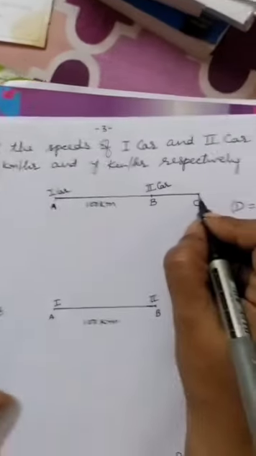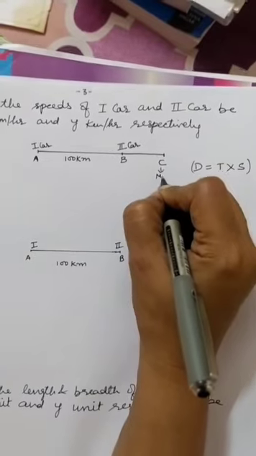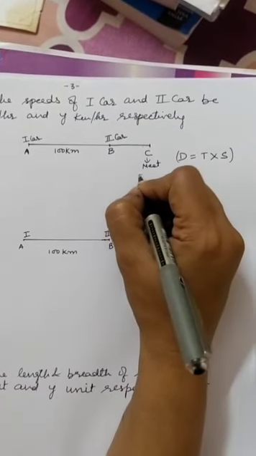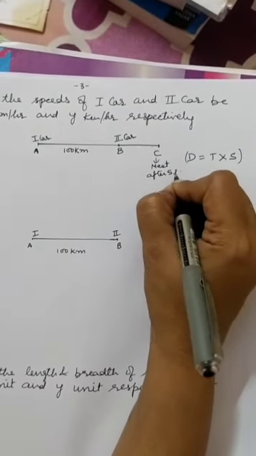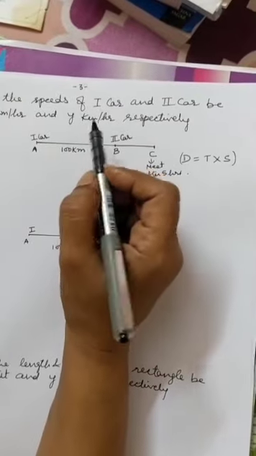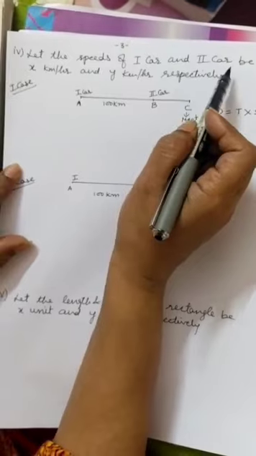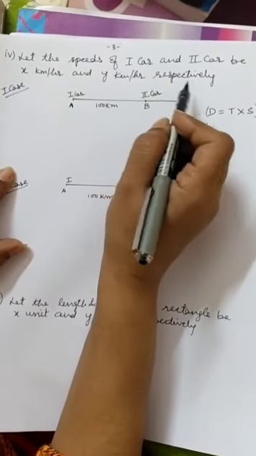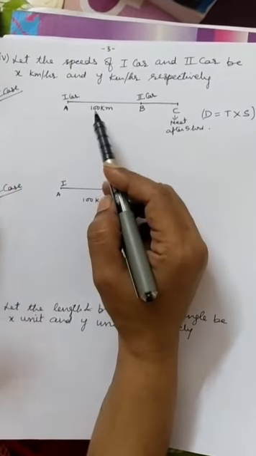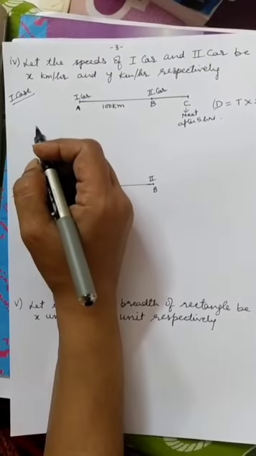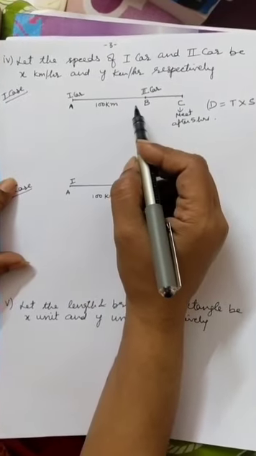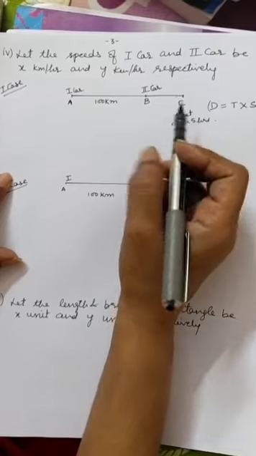So that means they meet after 5 hours at point C. Suppose the speed of the first car is x km per hour and the second car's speed is y km per hour. Let us find out the distance covered by each car in these 5 hours.